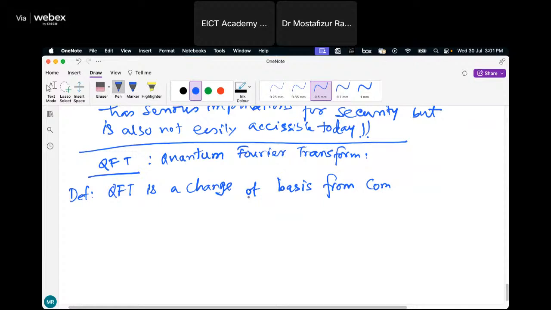Basically, it's a change of basis from the computational basis. Although you can use it for changing from one basis to another, the way we'll be learning it today, it's a change of basis from the computational basis to the Fourier basis.